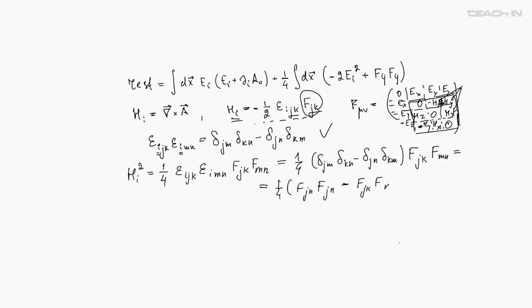But since the tensor is skew-symmetric, we can write this Fkj as Fjk with a plus sign. So allow me to write simply plus here, and here to change the index to jk. And we are summing over j and n in the first term, and over j and k in the second term. So these are dummy indices. So in fact, these two terms are equal. And you can write, therefore, the answer by replacing dummy indices with new indices i and j. So this will be 1 over 2, because these two terms are equal, Fij Fij.